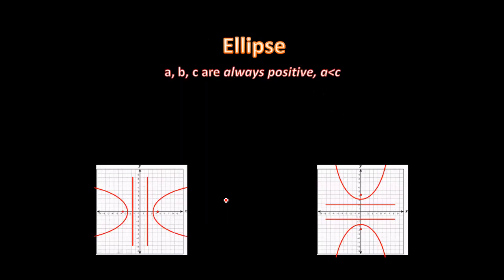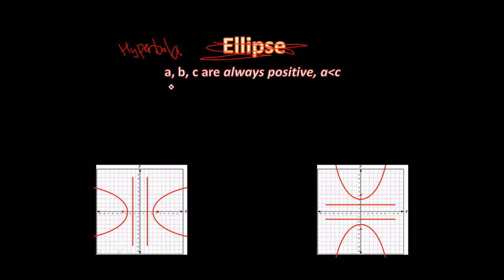Now, as always, a, b, and c are always positive. And I'm sorry, this is not an ellipse, this is actually a hyperbola. One interesting thing is that I always see the hyperbola as a combination of an ellipse and a parabola, because it looks like a parabola, but it also has two foci. So it's like a combination of both.